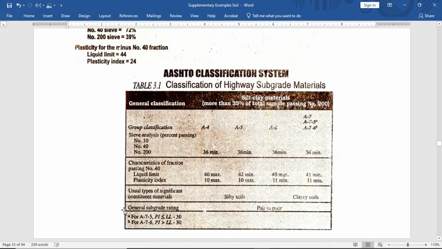So, meron tayong table na given. This table is only applicable for silt-clay materials, which is more than 35% of total sample passing number 200. So, pag less than 35% yung given sa atin na passing sa 200, hindi natin magagamit yung table na ito.